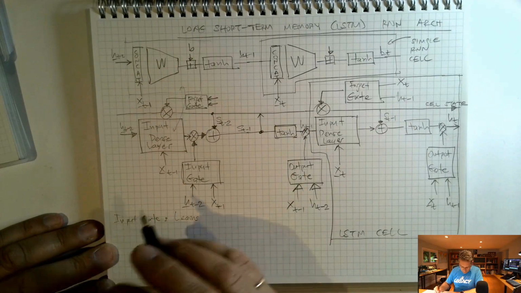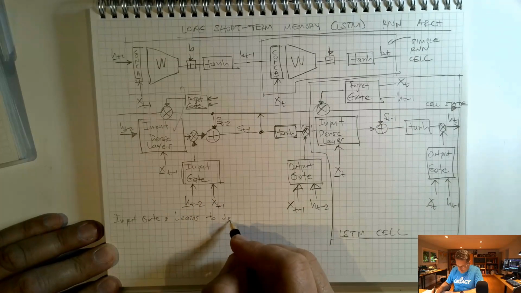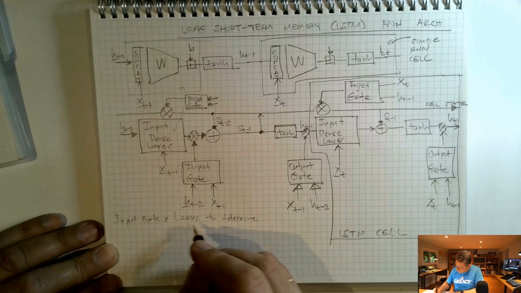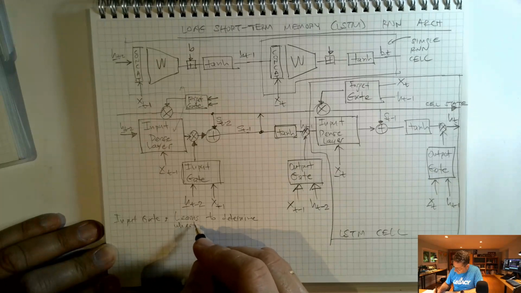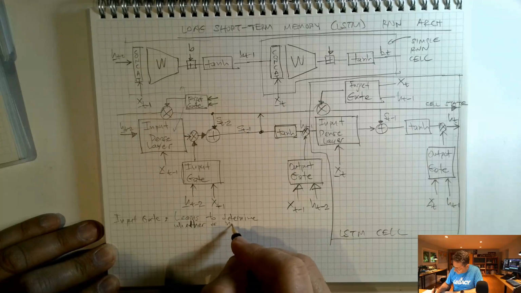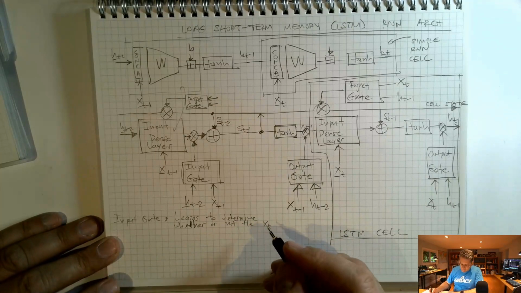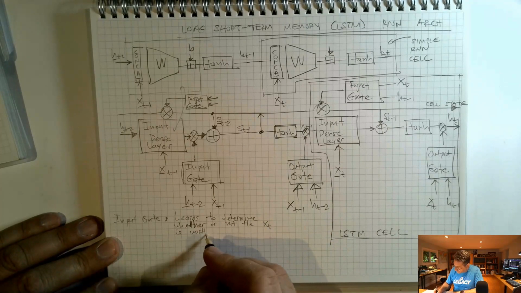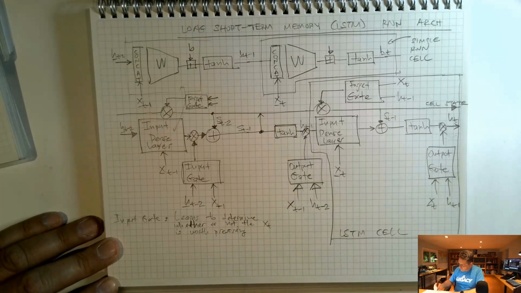So it learns to determine whether or not the input xt is worth preserving.